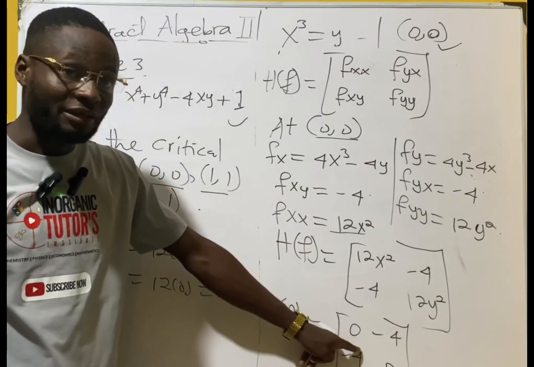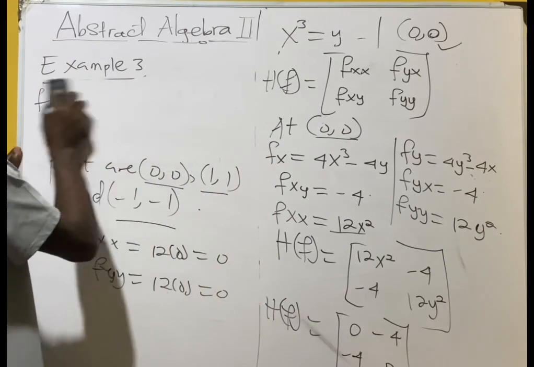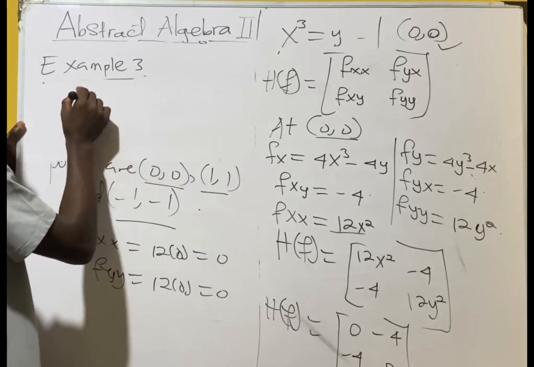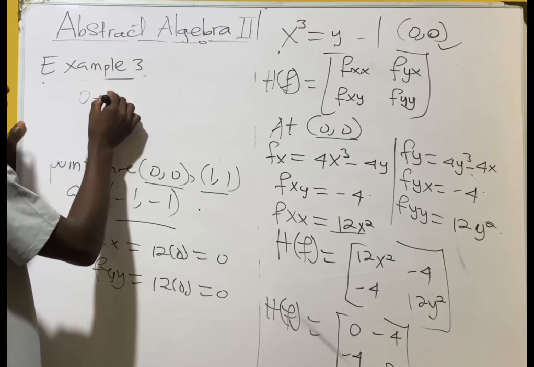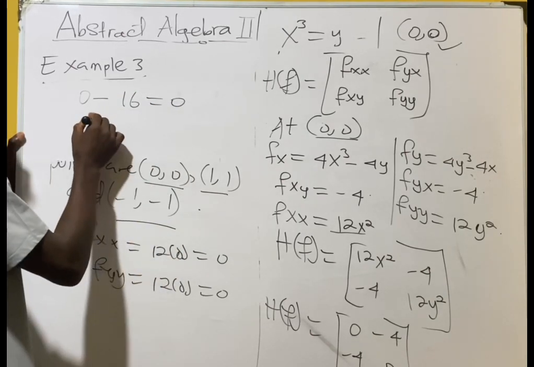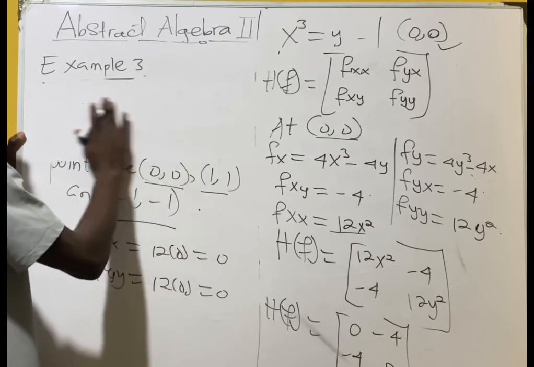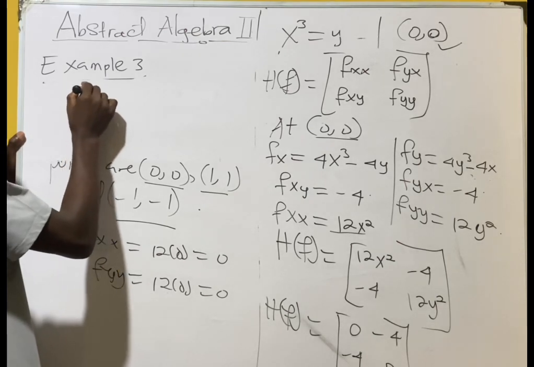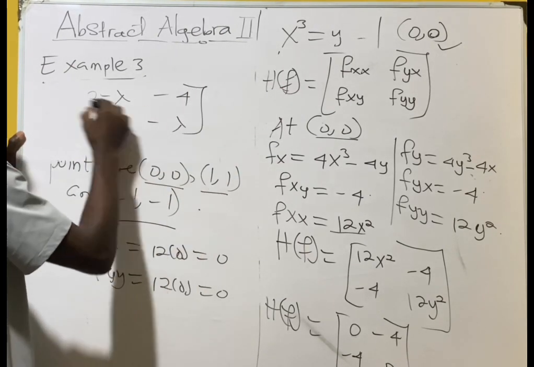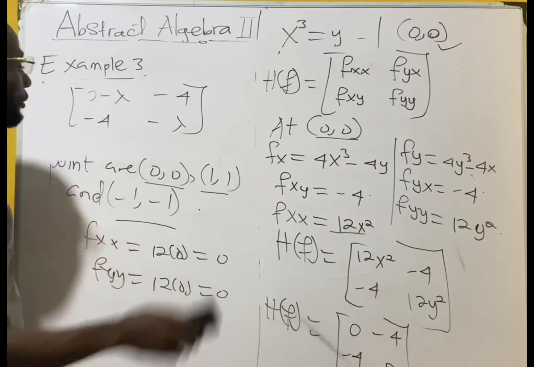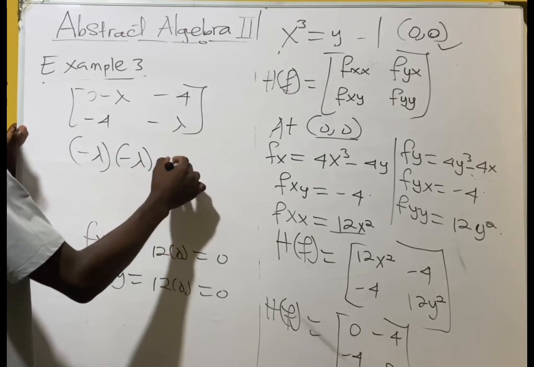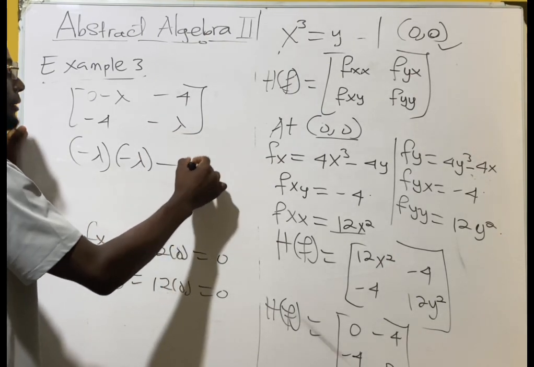We have to determine the eigenvalues. The characteristic equation is the determinant of [0 minus lambda, -4; -4, 0 minus lambda], so minus lambda times minus lambda minus 16 equals 0.